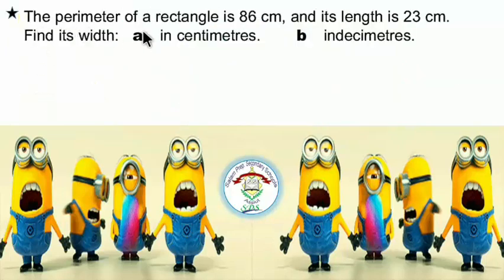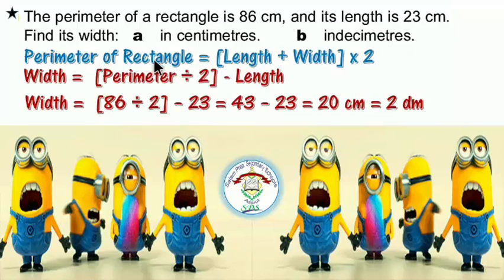The perimeter of a rectangle is 86 centimeters and its length is 23 centimeters. Find its width in centimeters and in decimeters. We know perimeter of rectangle equals length plus width all times 2.